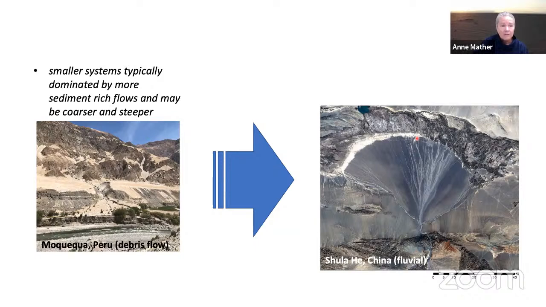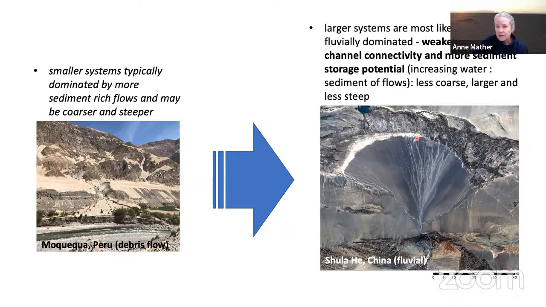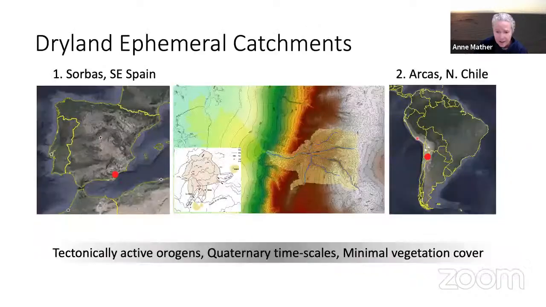So sediment-rich flows dominate these smaller fans, very coarse generally, and larger systems generally have finer material, tend to be less coarse, much larger and less steep. So that's basically a summary from most of the literature, and that's very much a generalization, but it does tend to hold true in most cases.